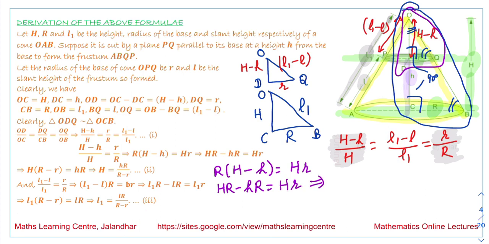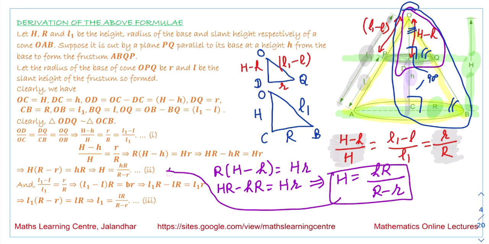So this gives us the value of capital H is equal to small h into capital R over capital R minus small r. This is the value we are obtaining for capital H.